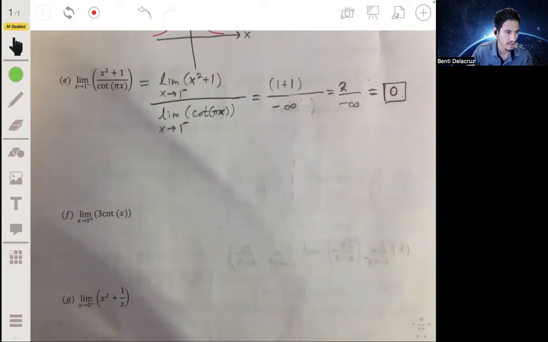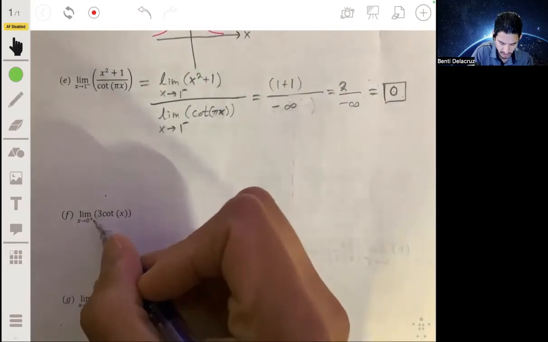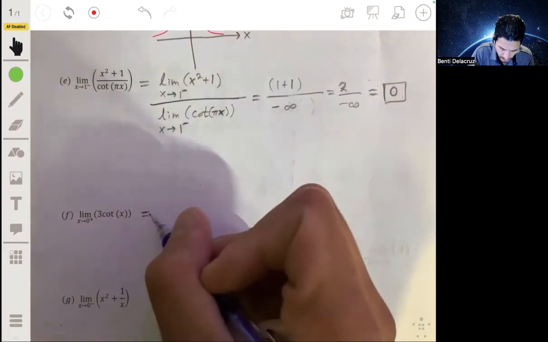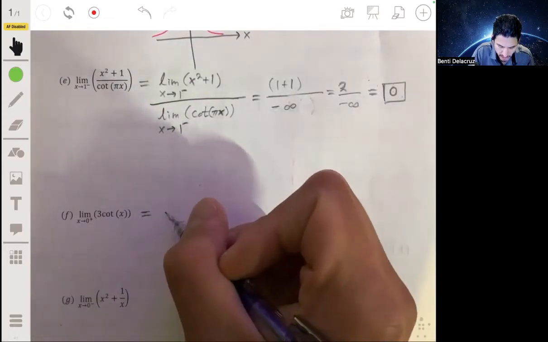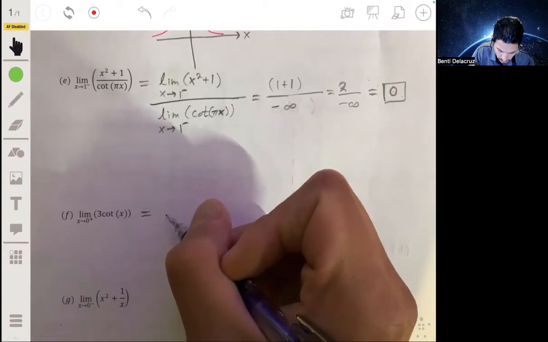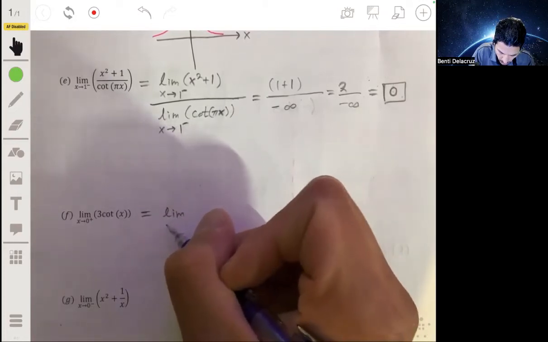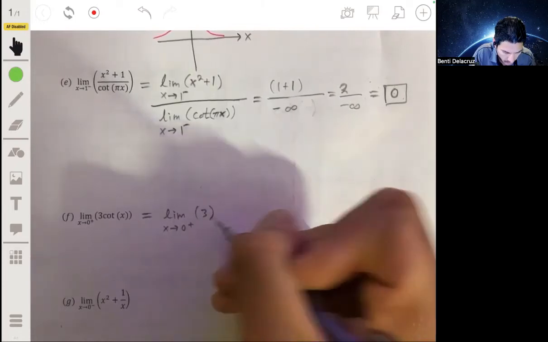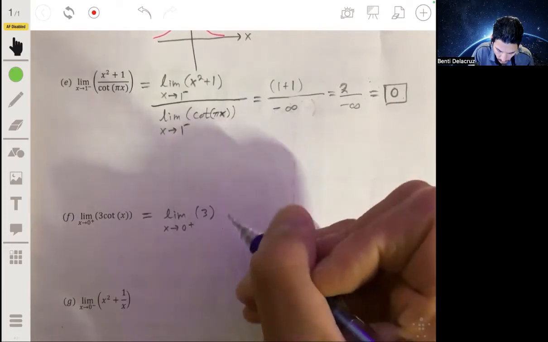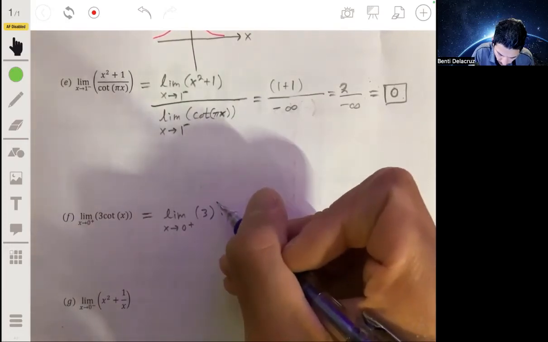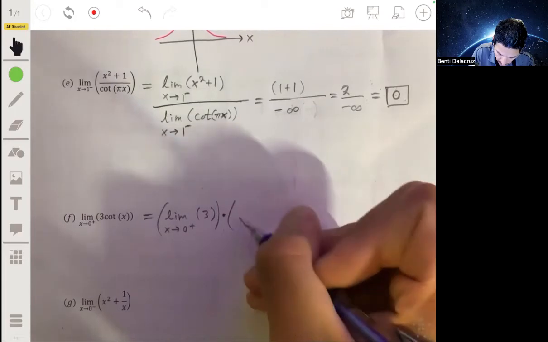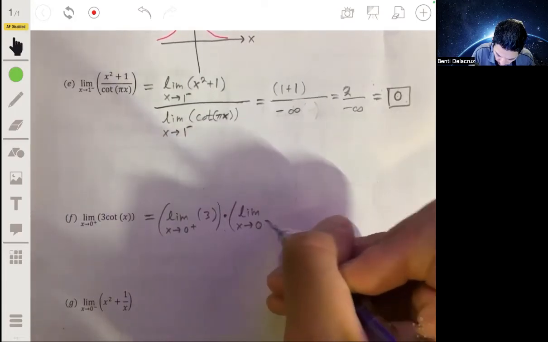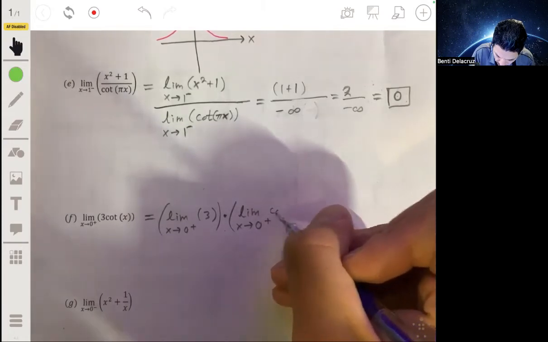All right, now let's look at this one where we have the limit as x approaches 0 from the positive side of 3 times the cotangent of x. This we can use our product property where we break it into the limit as x approaches 0 from the positive side of just 3, times the limit as x approaches 0 from the positive side of the cotangent of x.